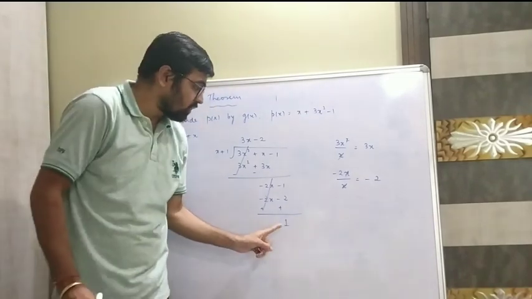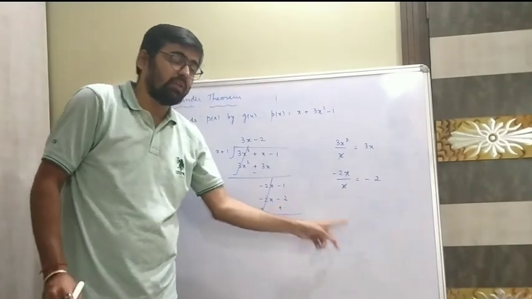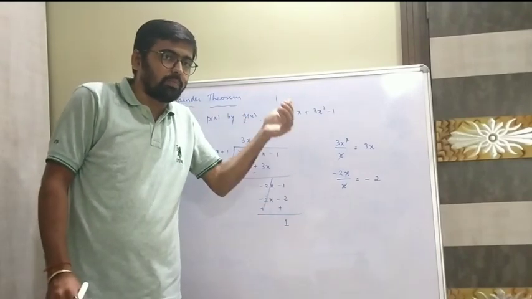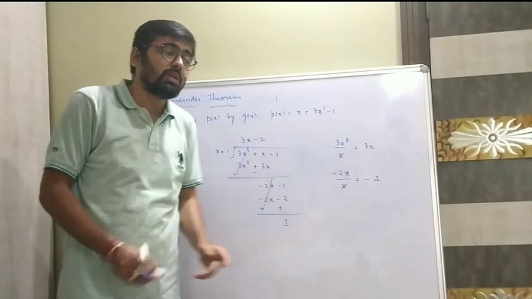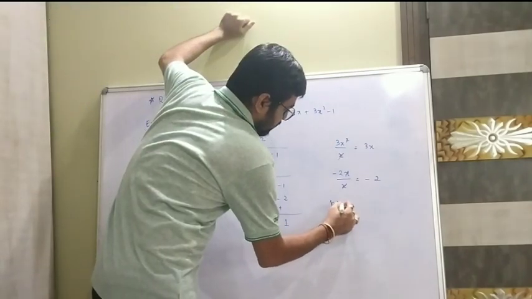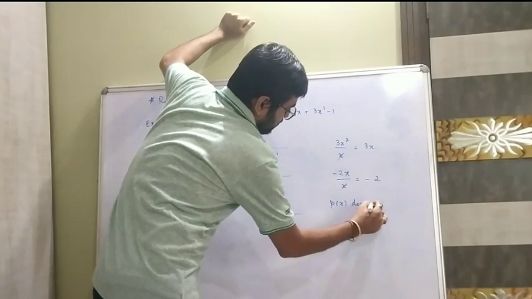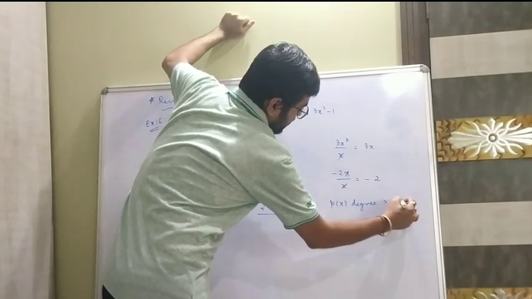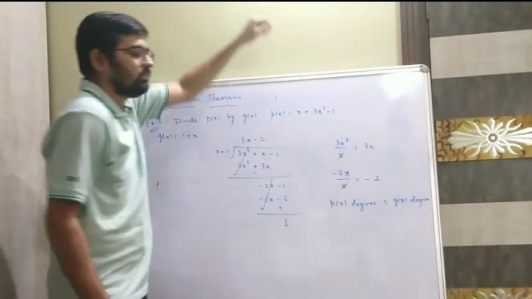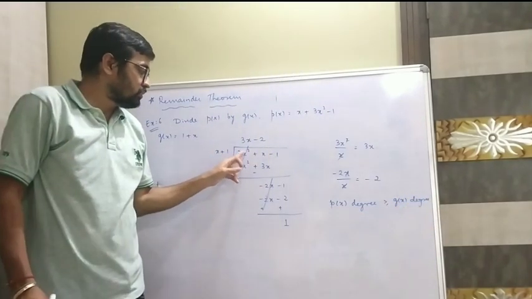Can I go further like this, first term of your dividend divided by this? Till which point will you keep on doing this? Till the point when the degree of p of x is greater than or equal to the degree of g of x. See, here the degree is 2, here it is 1.